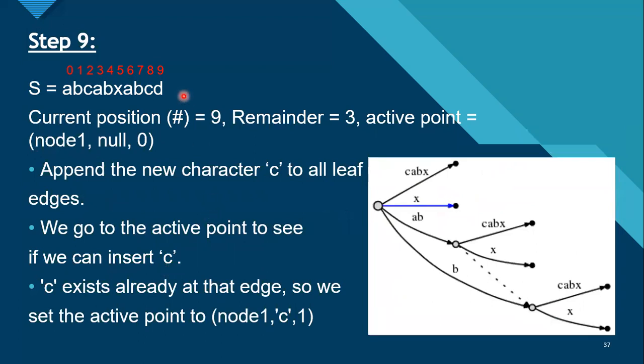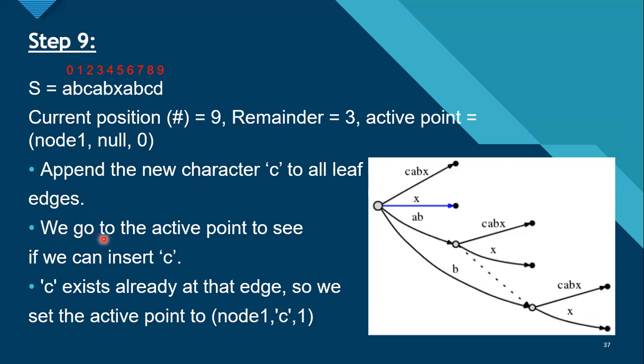So we'll move to step 9. The remainder gets incremented because it's a new step. The active point is node 1, and this new node, null 0. We are processing character C. So we start by appending the new character C to all the leaf edges.